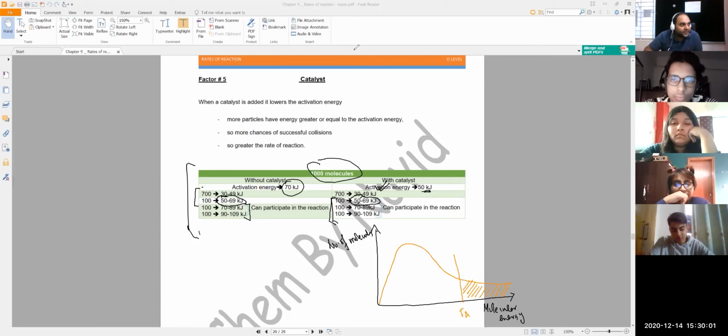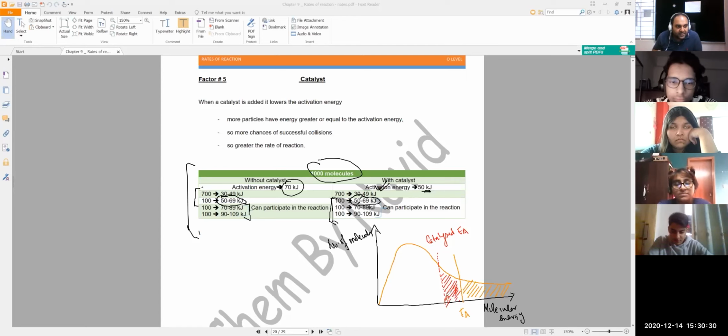So now, if I lower the activation energy, this is our catalyzed EA. So now even the molecules who previously could not participate, but since we're reducing the activation energy, even they can now participate in the reaction.